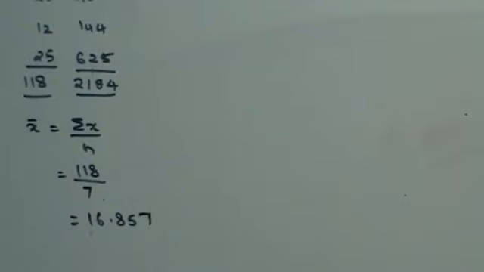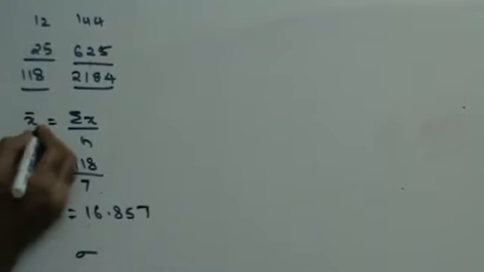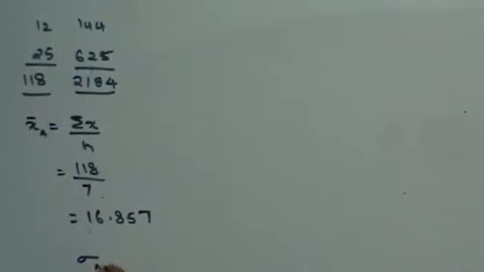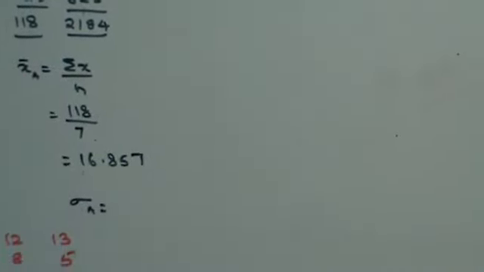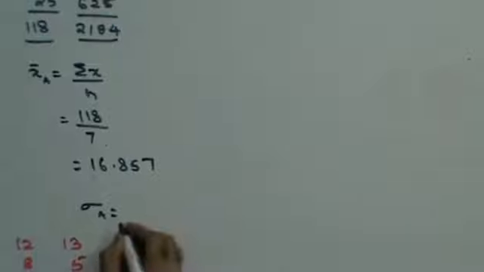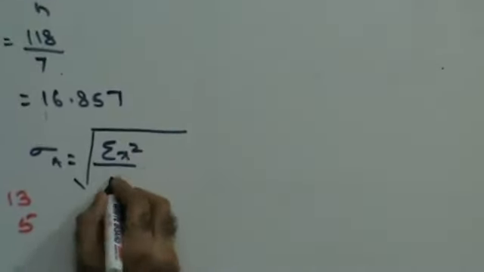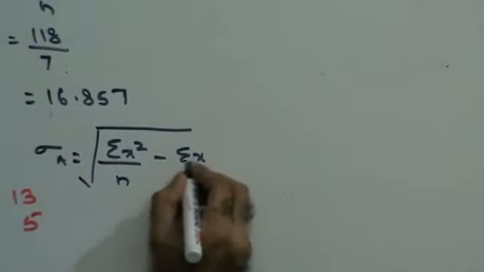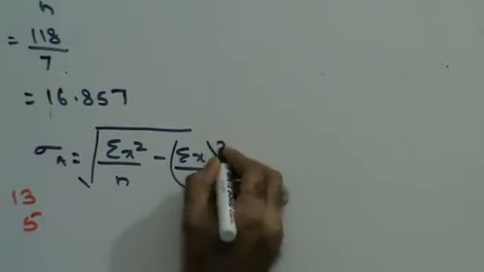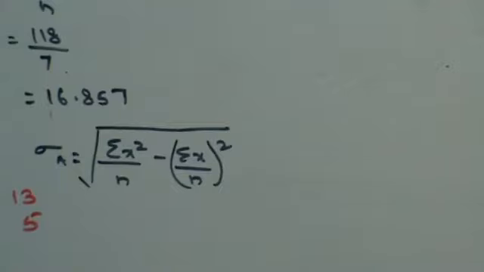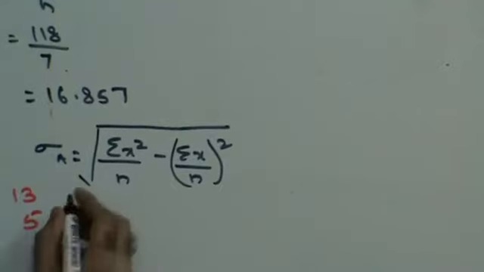Now, standard deviation. This is mean for plan A, standard deviation for plan A. I just taught you this formula. This is going to be square root of sigma x square upon n minus sigma x upon n the whole square. Instead of fx, this is sigma x square.